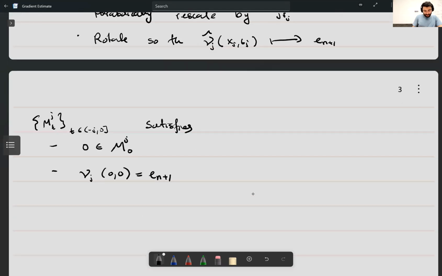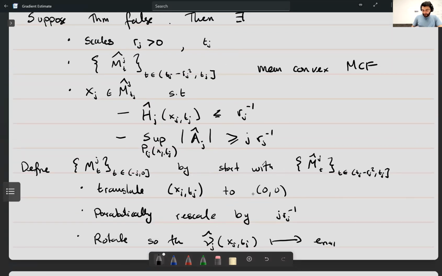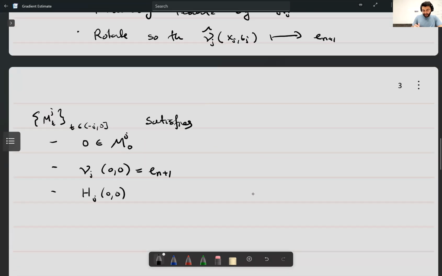And the mean curvature. Okay, so the mean curvature is originally less than or equal to rj. So when I scale by jrj inverse, that divides by jrj inverse, the rj's cancel. So H is bounded by rj inverse.